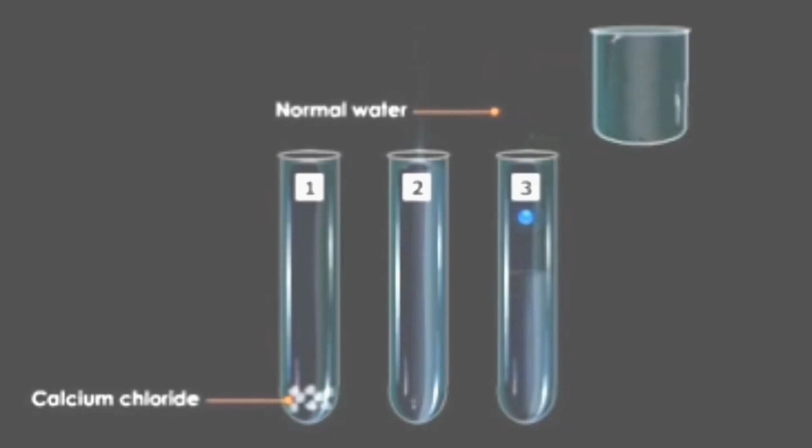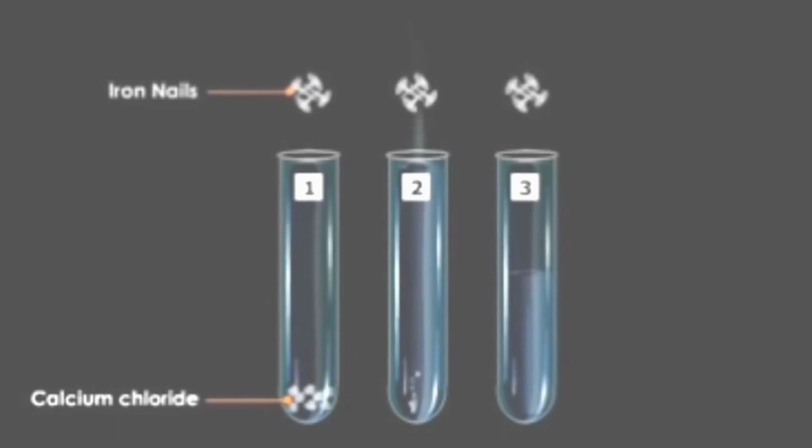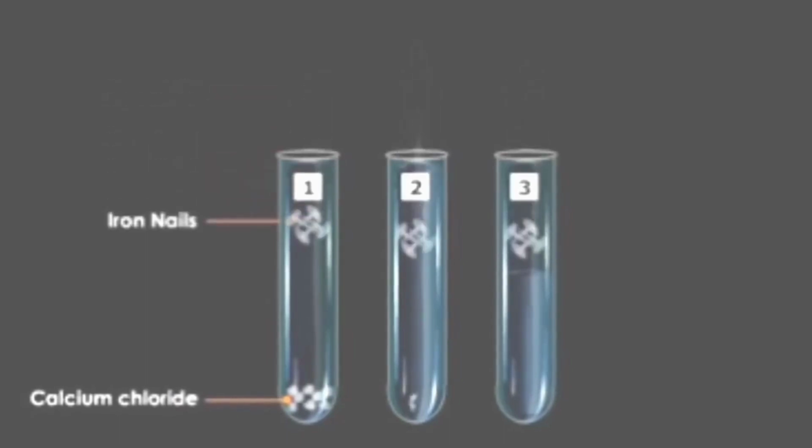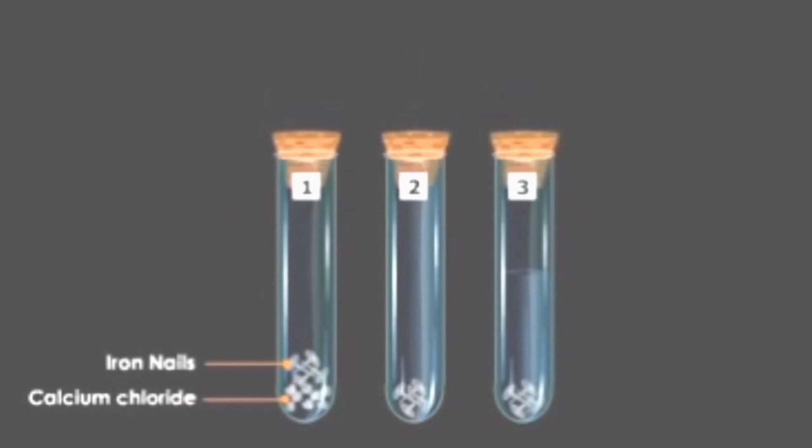Now you can see the picture of a few iron nails. These 3 to 4 iron nails are dropped in each of the test tubes, and the mouth of the test tube is closed.